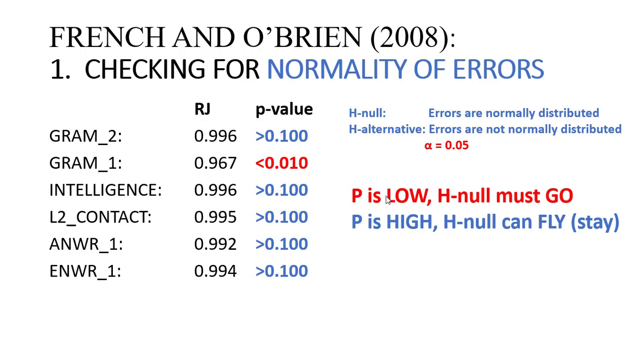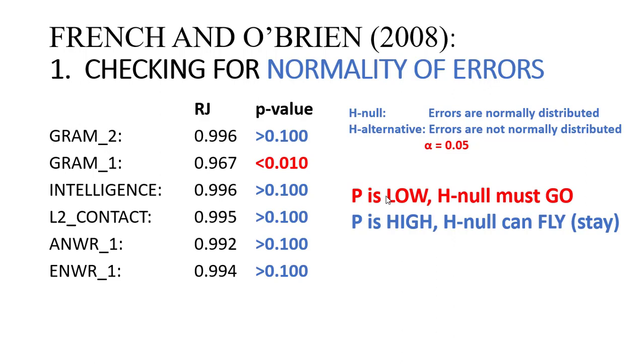Now, remember that before, when we were doing correlation, I told you that you should check whether you had a p-value that was higher than 0.05, because we want the errors to be normally distributed. So in this case, notice that all of the values except for one, grammar 1, are normally distributed, and we have one that is not.